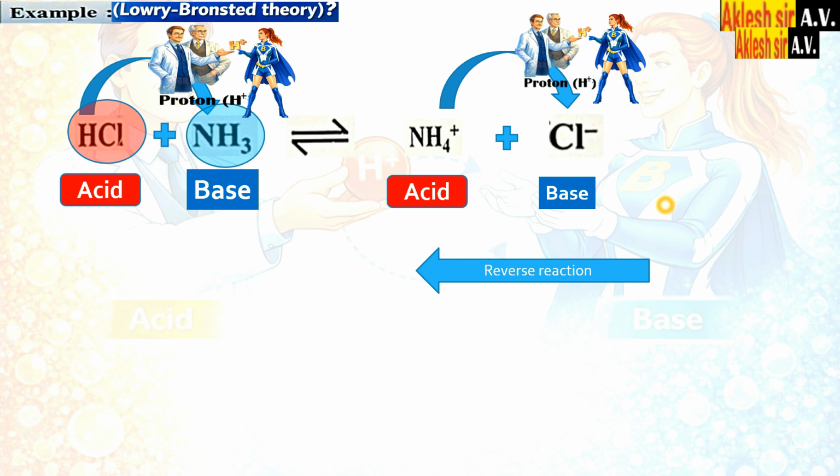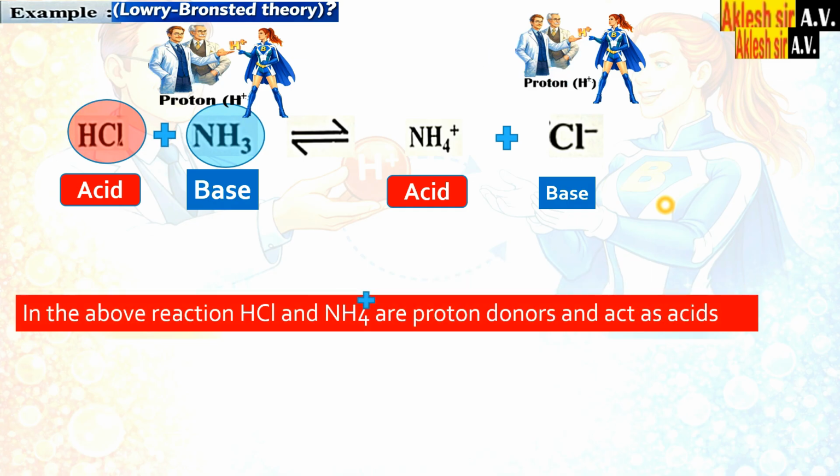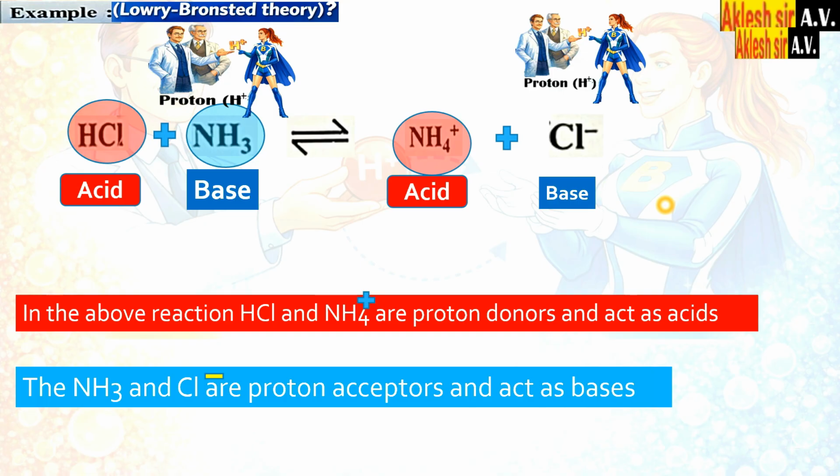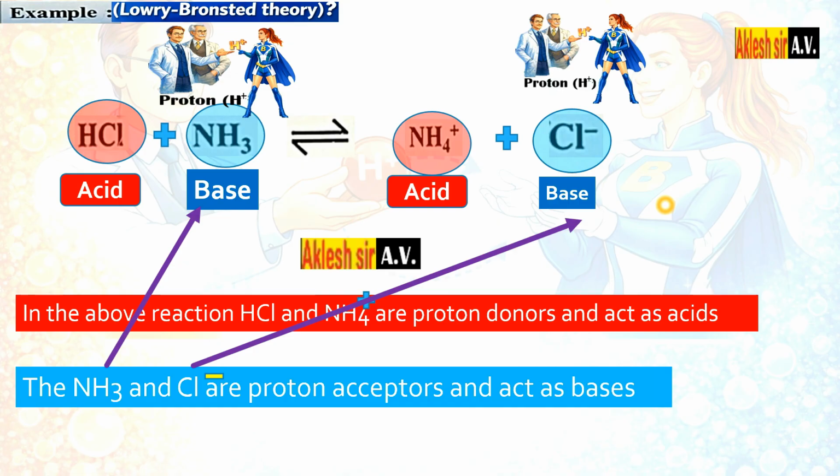So in the above reaction, HCl and NH4 plus both donated the proton, therefore they are acting like acids. And NH3 and Cl minus both are accepting the proton, therefore they are acting like bases.